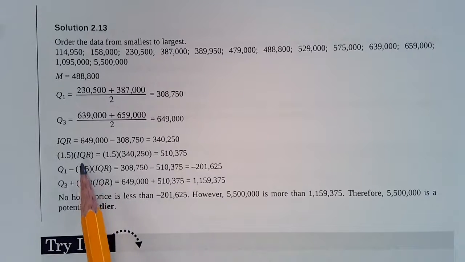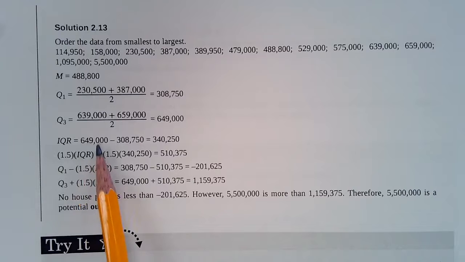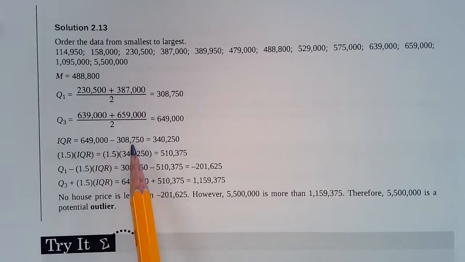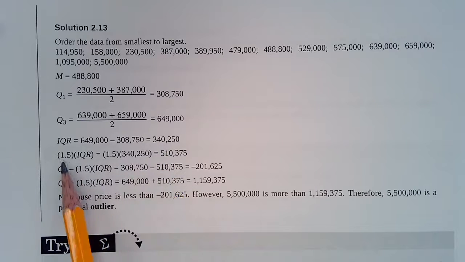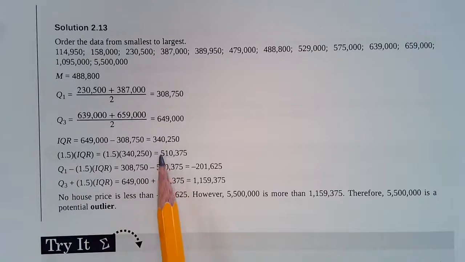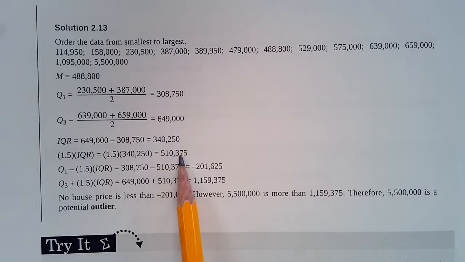But when we look for our interquartile range, you do the third quartile minus the first quartile, and this is your IQR, your interquartile range. Okay, and then you do 1.5 times that range, and then we're going to add and subtract this from our first and third quartiles. So we subtract it from the first quartile, and that gives us negative 201,625.